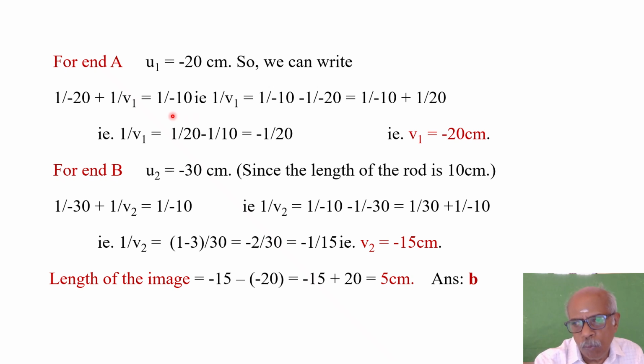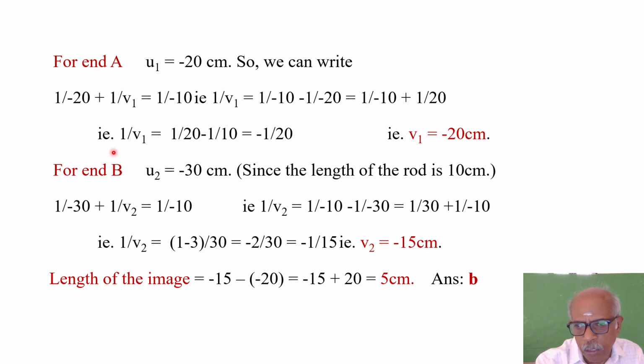So you put 1 by V1 here and bring 1 by 20 to the other side. So 1 by V1 is equal to 1 by minus 10 minus of 1 by minus 20. This is minus of minus, so plus. So 1 by minus 10 plus 1 by 20.